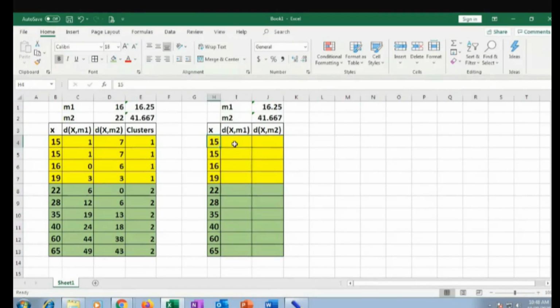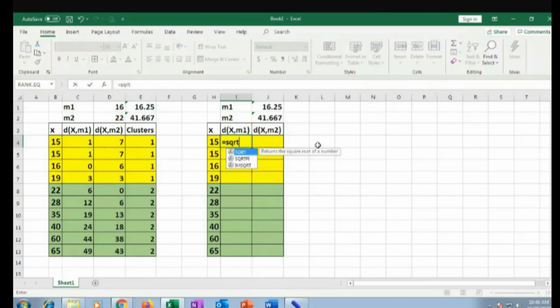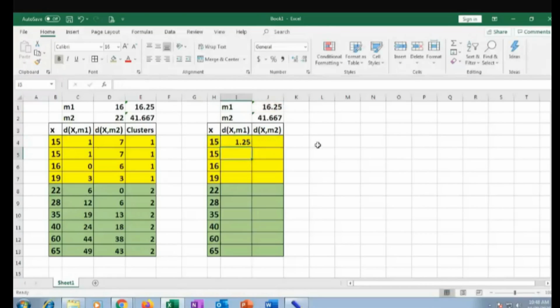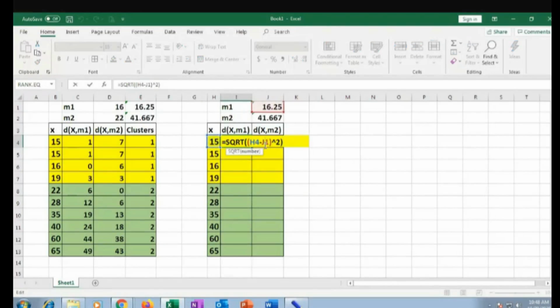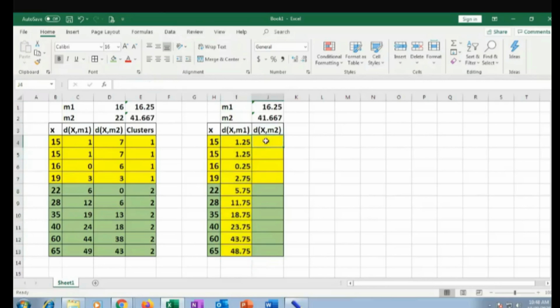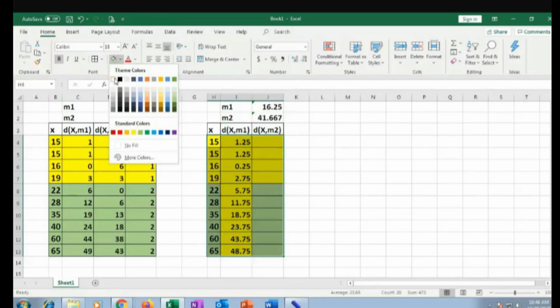So again I will write the equation: square root of 15 minus this, raised to 2. Then again I'll put a dollar here so that I can drag that equation. And then I will remove the color so that you will not get confused.